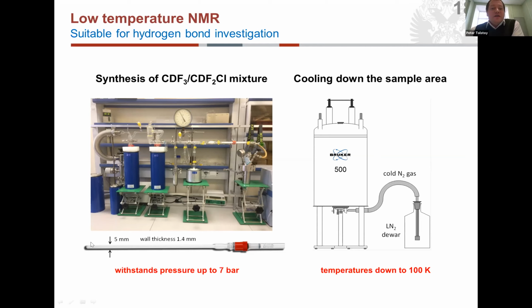These thick wall sample tubes can withstand pressure up to 7 bar. And then we have to cool down the sample area to the desired temperature. In our case, it's about 100 Kelvin. And for this, we use the standard approaches available on almost any NMR spectrometer.